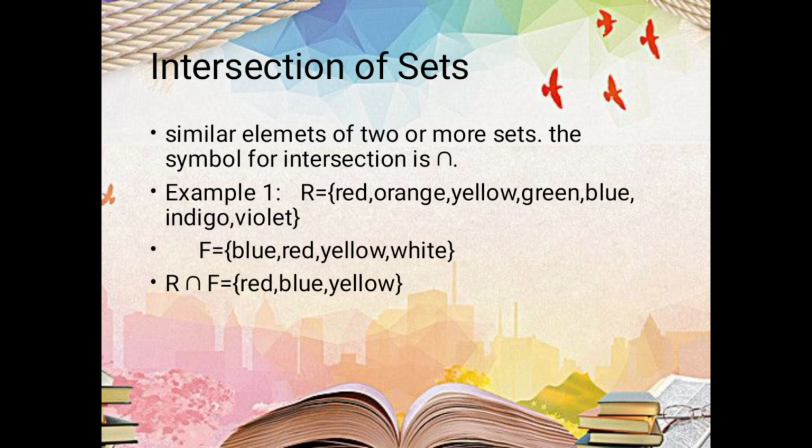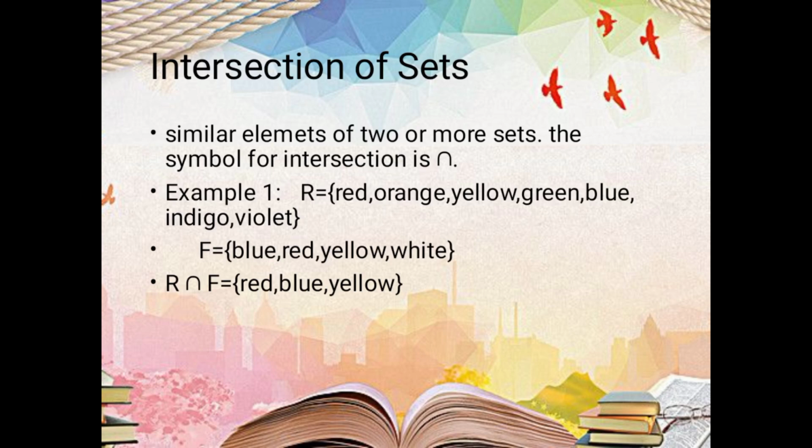So next we have intersection of sets. Intersection of sets is the similar elements of two or more sets. And the symbol for intersection is like a U but inverted. So for example number 1, R is equal to red, orange, yellow, green, blue, indigo, and violet.